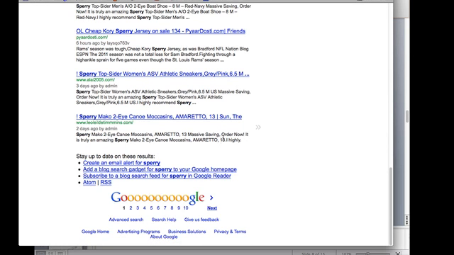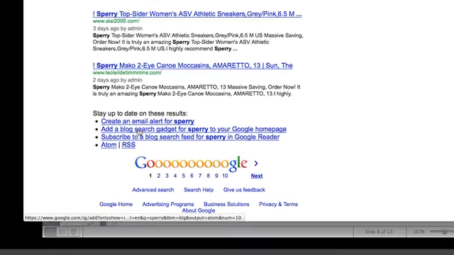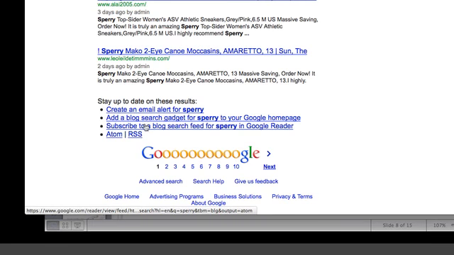But let's just pretend that I work for Sperry and I'm really interested in knowing exactly what's going on out there. I want to know every time Sperry shows up in anybody's blog out there that's being monitored by Google. So I can choose to have information pushed to me from the World Wide Web using Google as a function.